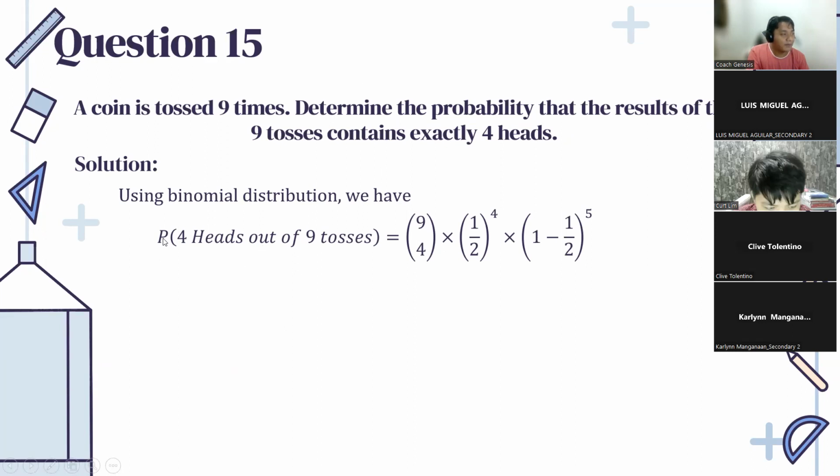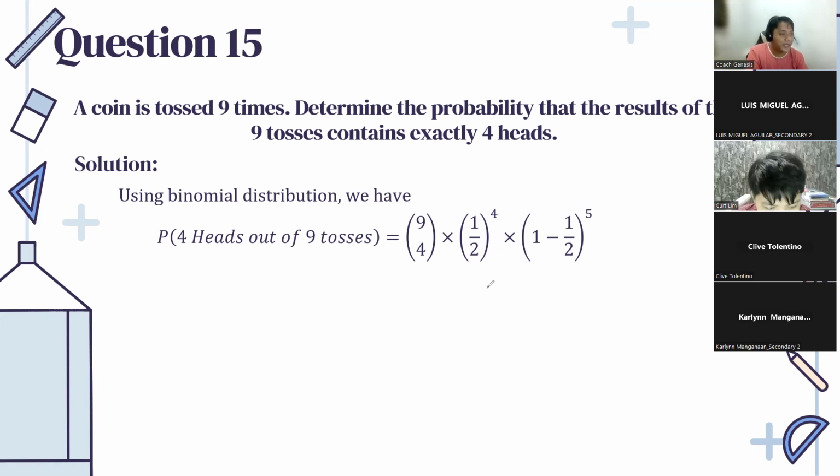If you have the probability of 4 heads out of 9 tosses, that will just be choosing 4 tosses out of these 9 tosses. Right? So 9 choose 4 multiplied to the probability that it will contain 4 heads.